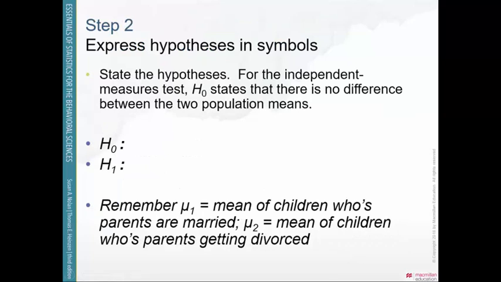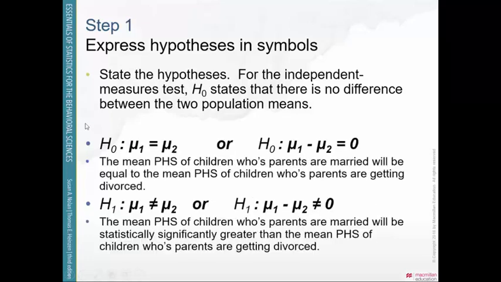Hypotheses. State our hypotheses. We, as always, have a null and a research hypothesis. The null hypothesis says there's no difference between the means of our two groups. Remember, the null hypothesis is that the independent variable has no effect, and so we end up with a hypothesis that looks like this: mu1 is equal to mu2.